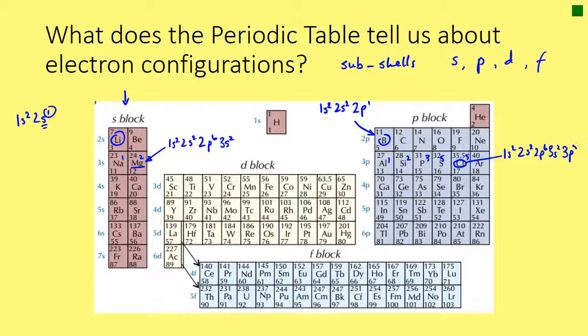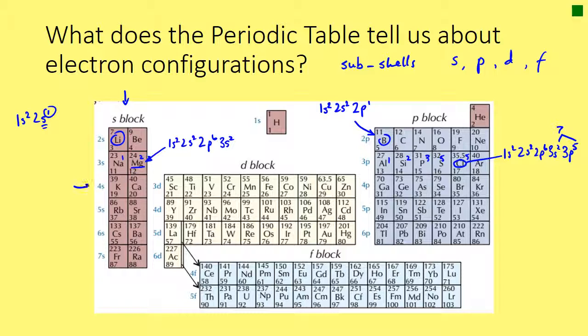So 5 electrons in the 3p orbital, and the 2 3s electrons making 7, of course, so that's why it's in group 7. But the outermost electron is in the p subshell, and that's why it's in the p block there.